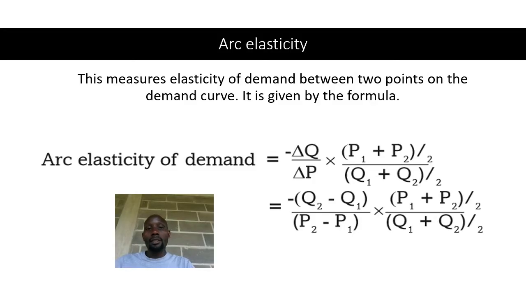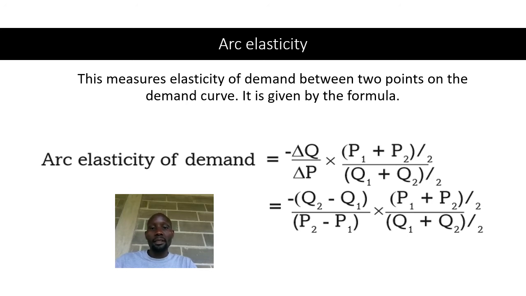So let's see what arc elasticity also means. Arc elasticity refers to the measure of the degree of responsiveness of quantity demanded of a given commodity along the same demand curve between 2 points.